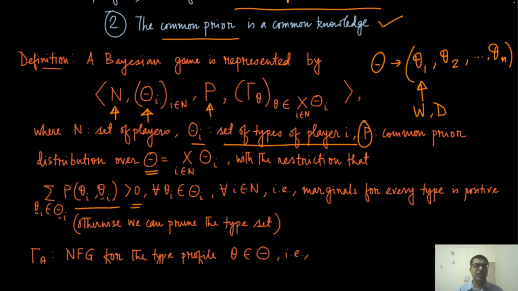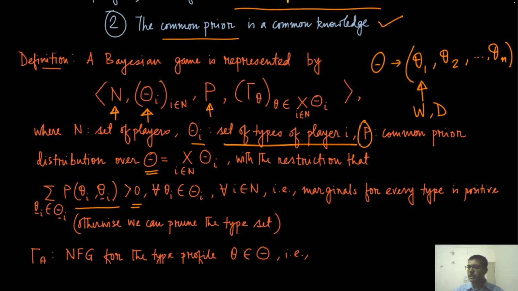But even otherwise, if you think of a particular theta i where this marginal is equal to 0, then we can prune that theta i from the set capital theta i, because the probability of the occurrence of that theta i is 0. So why should we keep it in the set? So for all the elements that are living inside this type set theta i, the marginal probability for that theta i is positive.